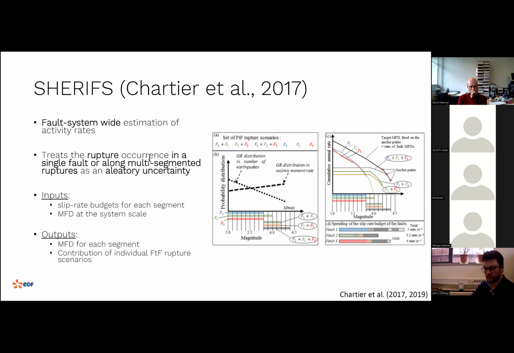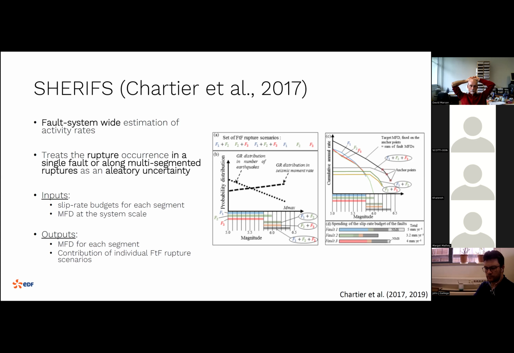And this is typically the kind of information we are looking for, because for each fault segment we will put in our model, and this is what we will see later, we will need to associate each segment with a frequency magnitude distribution. And so this is a very interesting perspective.